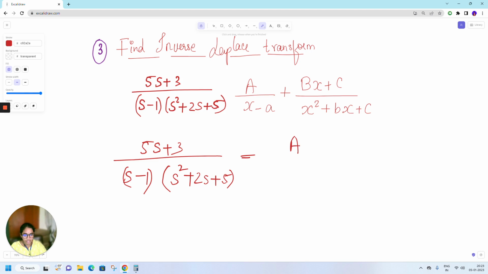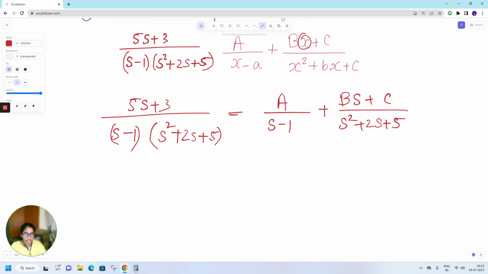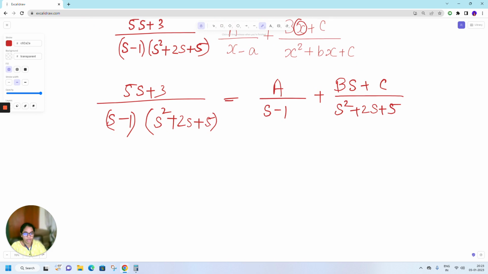I should write it as a divided by s minus 1, right? Plus b. In our problem, we don't have x, correct? We have s. So (bs plus c) divided by whatever polynomial you have, that is s square plus 2s plus 5.